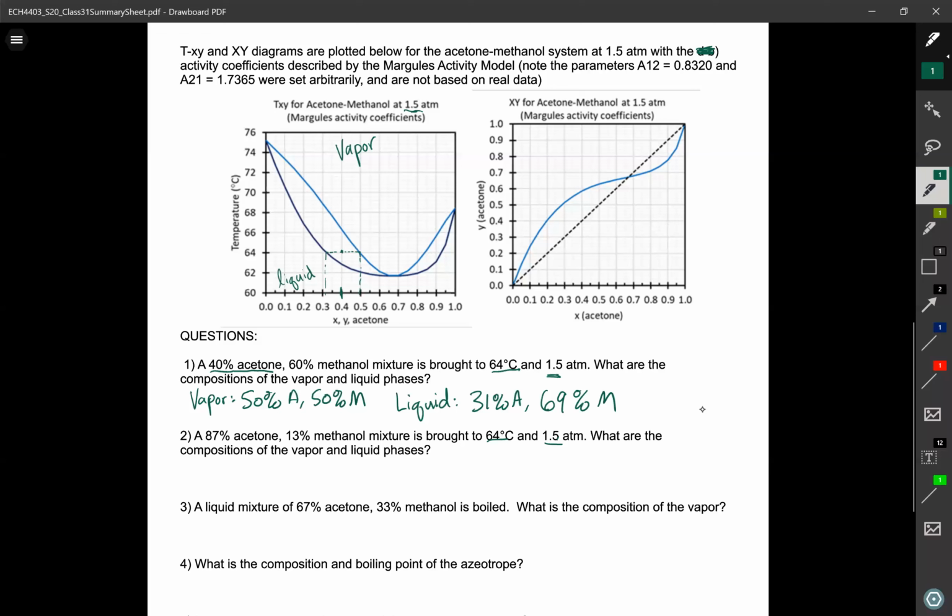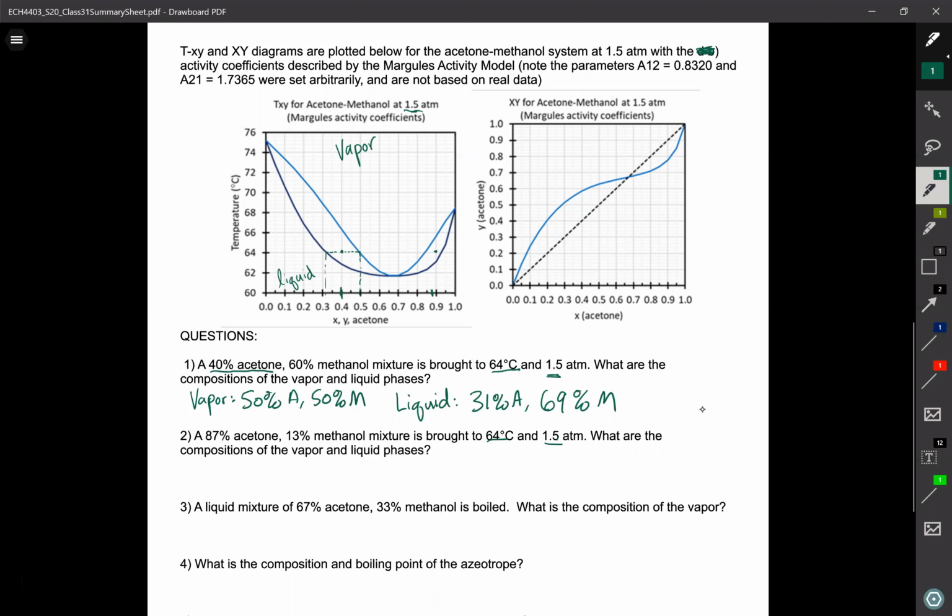Another way I like to think of it is like these dew point lines and the bubble point lines are not functions of y, because there are 2 values for them. So in other words, 87% acetone is over there, 13% methanol. And if I go up to 64 degrees, well, now I'm in the other regime of the graph, as it were.